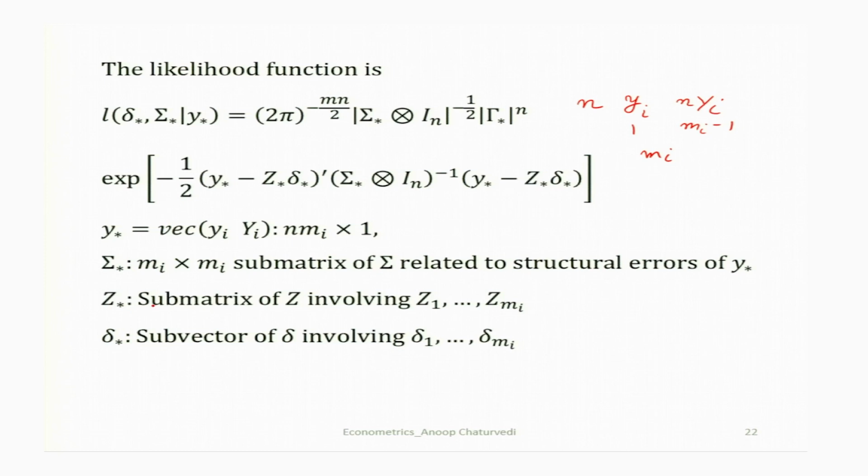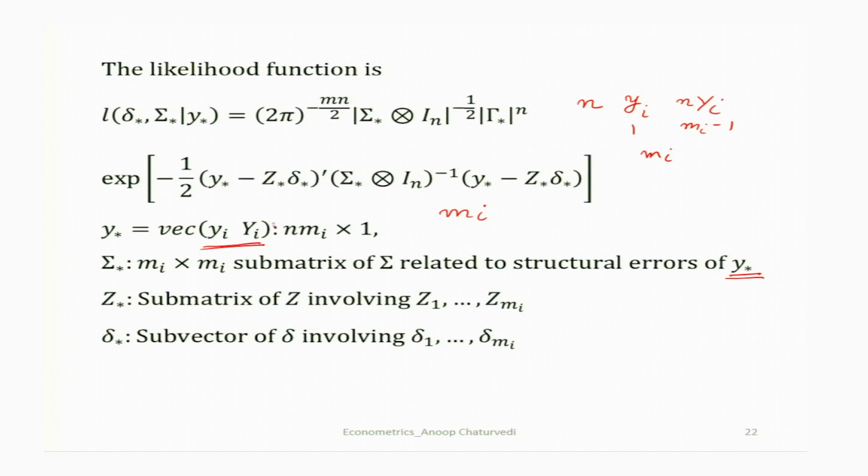Then Z star is the sub matrix of capital Z involving Z_1, Z_2, up to Z_{m_i}, and sigma star is the m_i cross m_i sub matrix of sigma related to structural errors of y star. And again notice that your likelihood function corresponding to the ith equation is just based on these m_i variables.